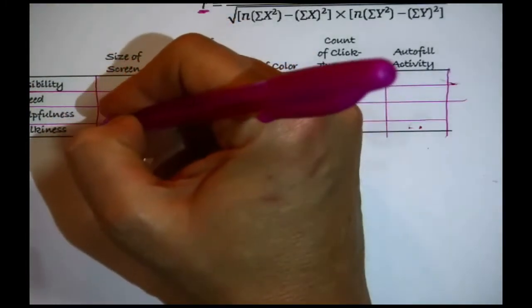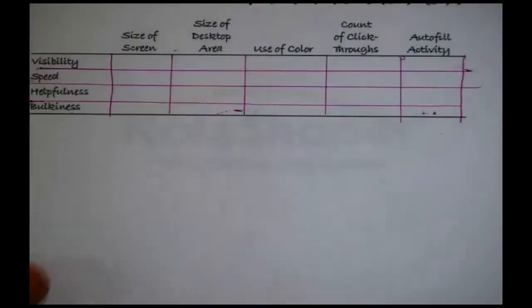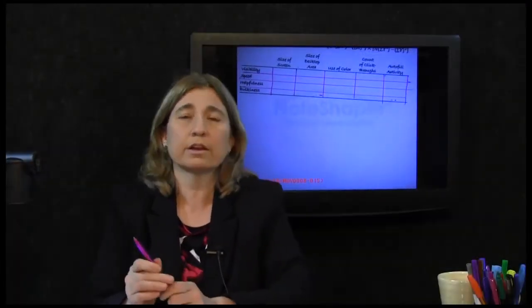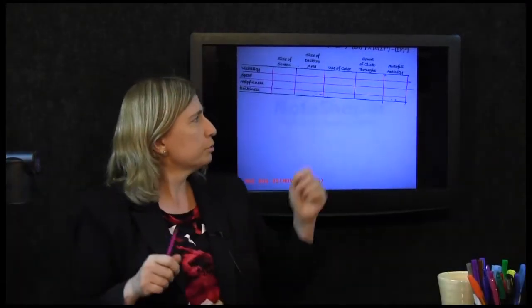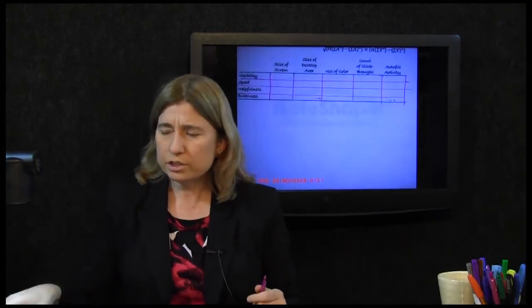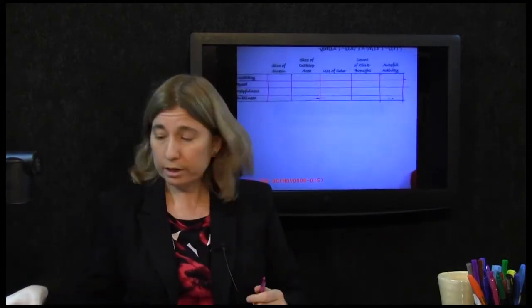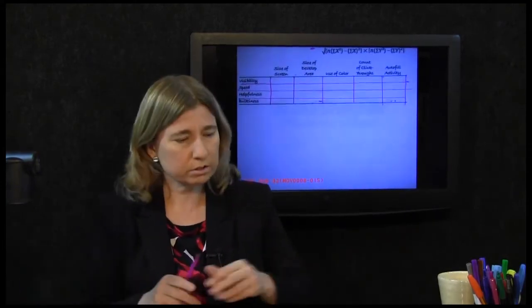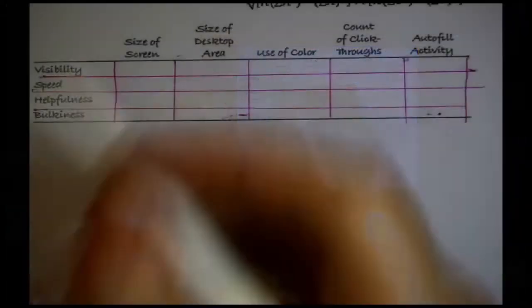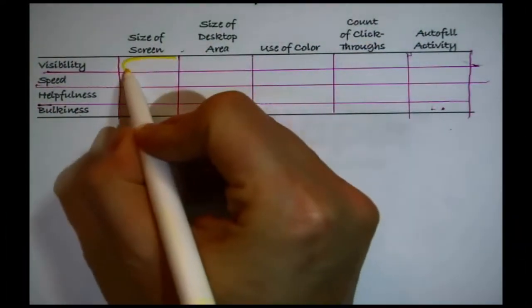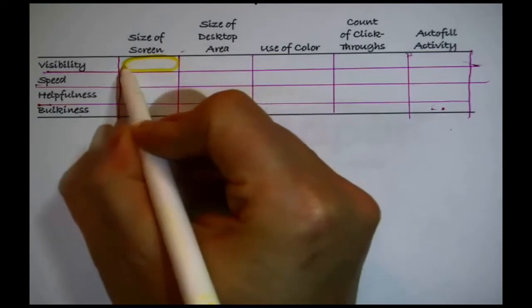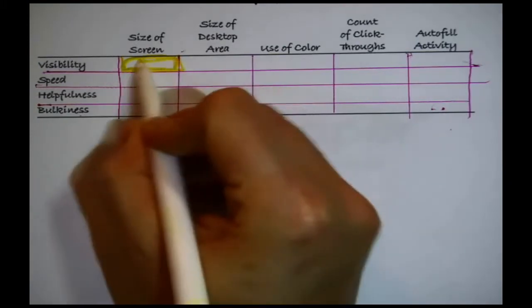Now, why have I bothered to draw in a grid? Because now that I've drawn a grid, each, whoops, that's crooked. Each empty cell in this grid, for instance, and I'm just picking on one of them, the size of the screen and visibility, right? This particular one right here.